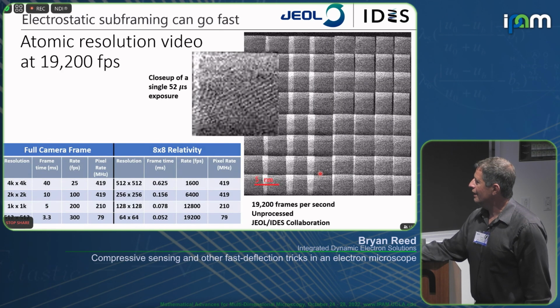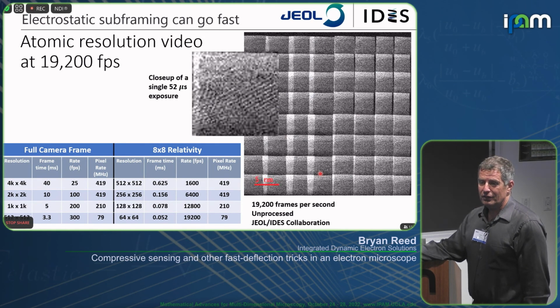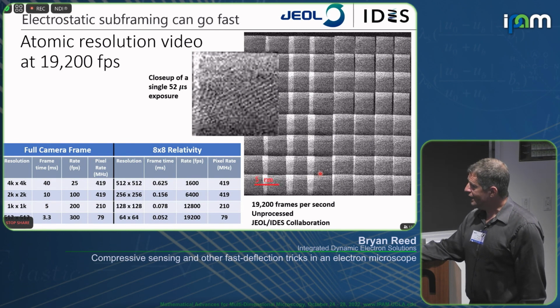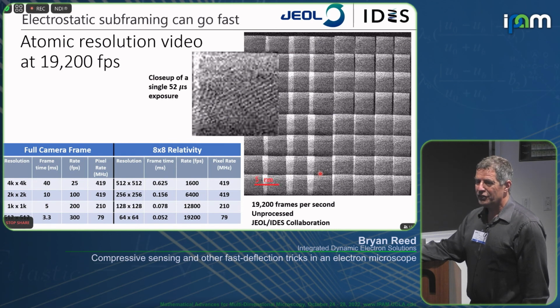And there's actually quite a bit of signal in a high brightness electron beam. So this is 19,200 frames per second atomic resolution. Not very many pixels in one image, not great atomic resolution, but I mean, it is what it is. You can get that. And we're not sure how far down the limit is.